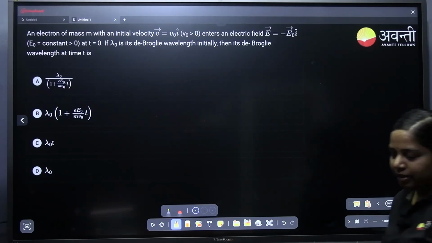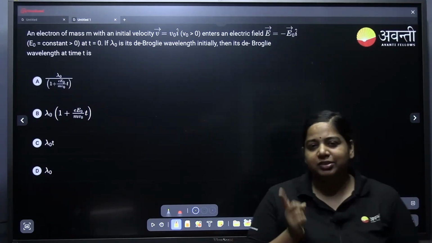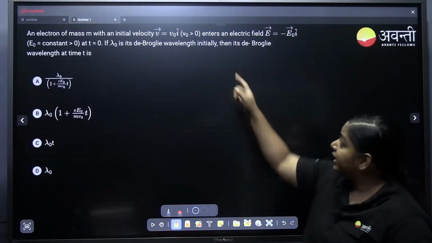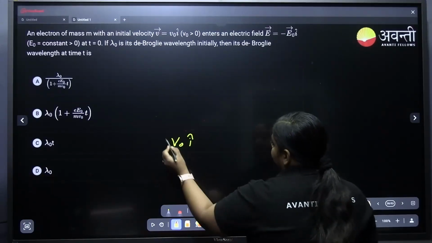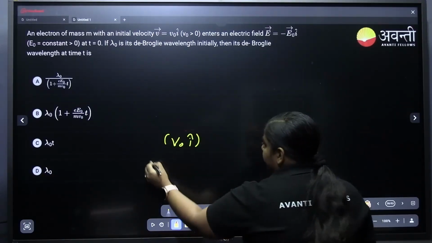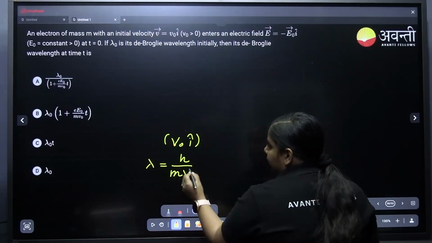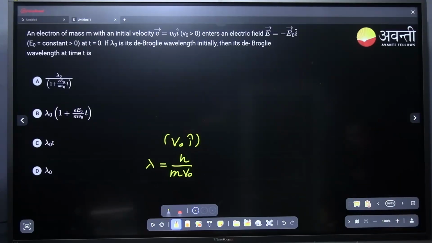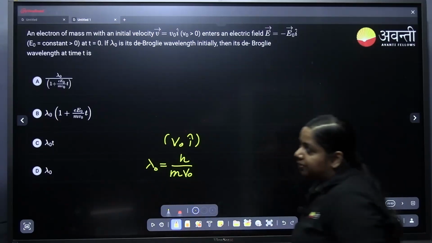Here we have to combine two areas of knowledge, one from modern physics and one from electrostatics. Initial velocity is given as v naught i cap, so lambda is equal to h by m v naught. So we can find the initial lambda, that is lambda naught.